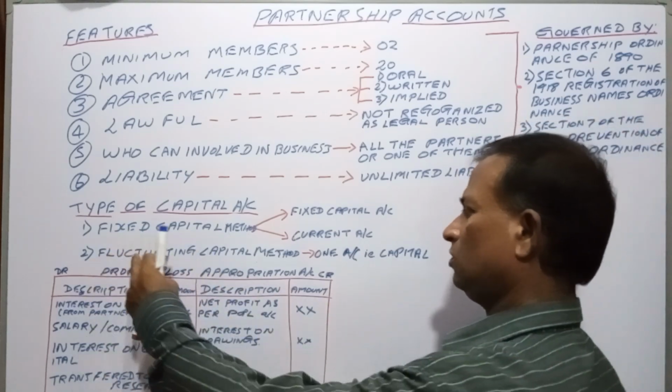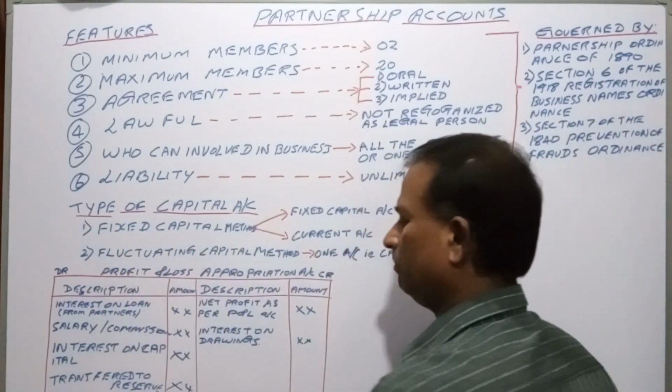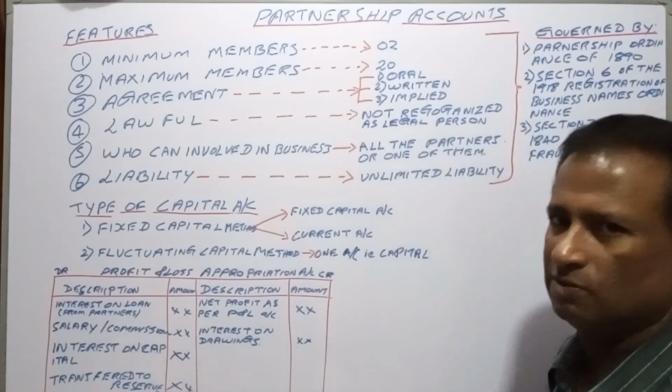All this in the profit and loss appropriation account consists only of the partners' transactions, right?